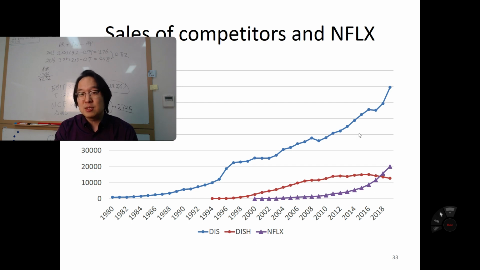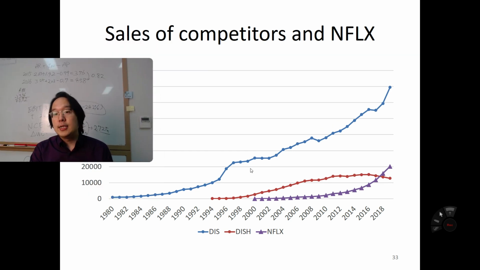Google is there, but it's way above, and YouTube is a fraction of it, so I just took it out. But the message that I'm trying to deliver is that it seems like there's a lot more room for Netflix to grow. Okay, I should shut my mouth, so I'm going to stop.